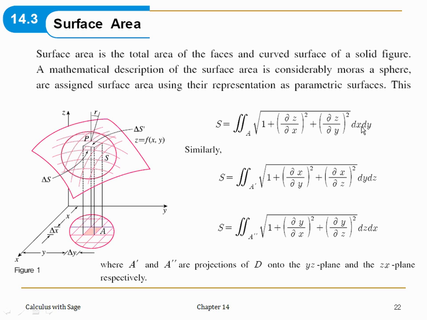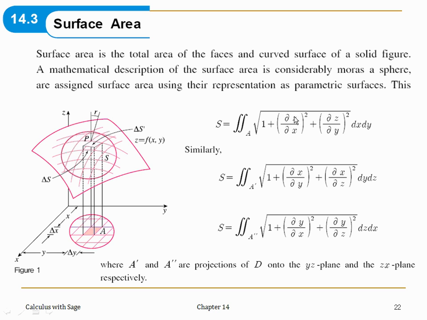When g is a function of x and y, this surface area, which is the accumulation of the surface area on this domain on the xy plane, can be written in this way: a double integral of this function with respect to x and y on A.